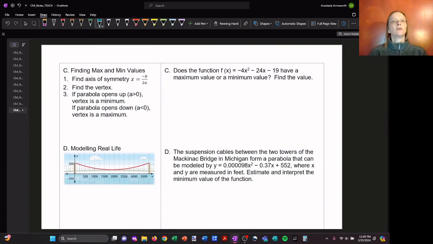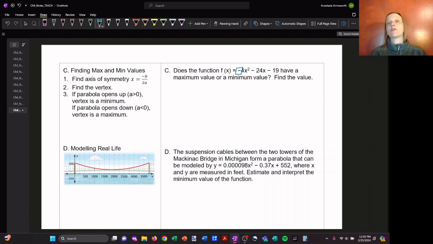So if you need to find max and min values, really what you need to find is the vertex. And then from the vertex, you determine the y value for that min or max. The other thing you need to consider is whether the parabola is opening upward or downward. And the key there is what we learned on the first day in this chapter, which is the coefficient of the first term in the polynomial, that a value that's attached to the x squared term.